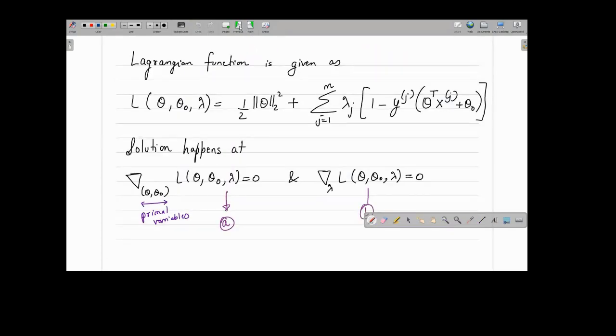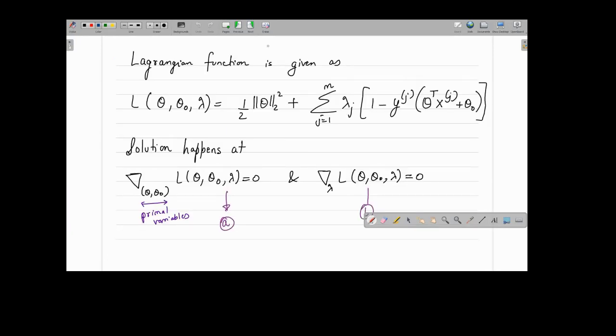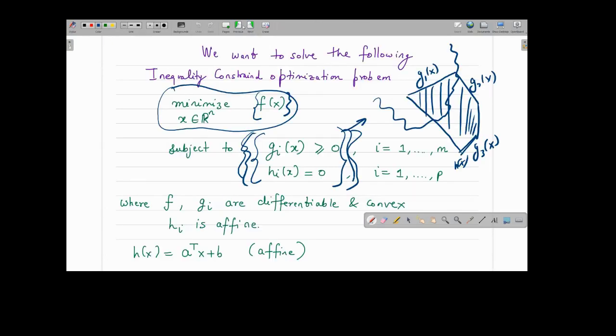Okay. So this is the one which we want to solve using the Lagrangian function. This will be the Lagrangian function for the optimization framework which we have just shown before. If you compare this with the Lagrangian function which I showed you here, this is exactly the same.